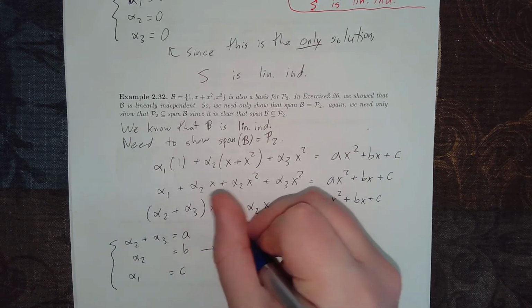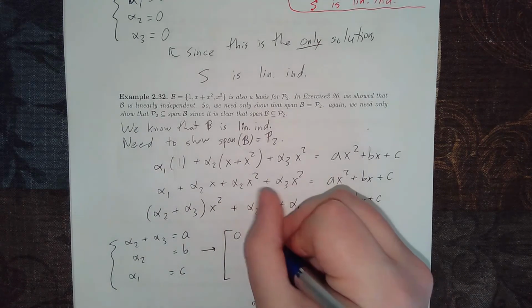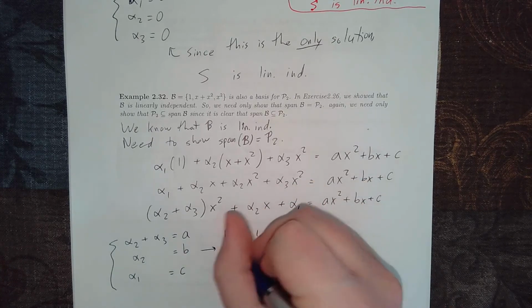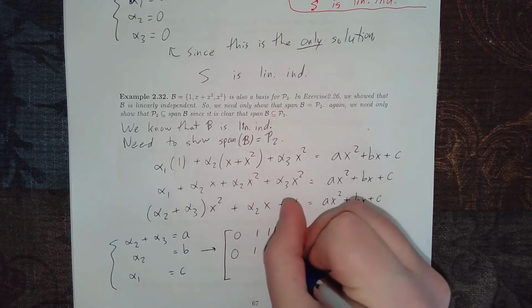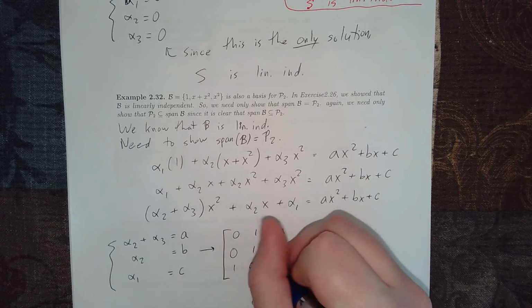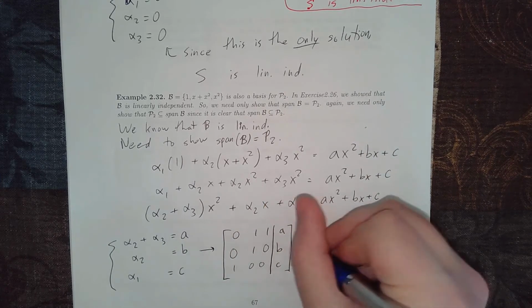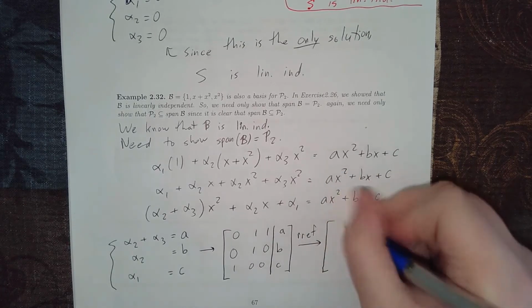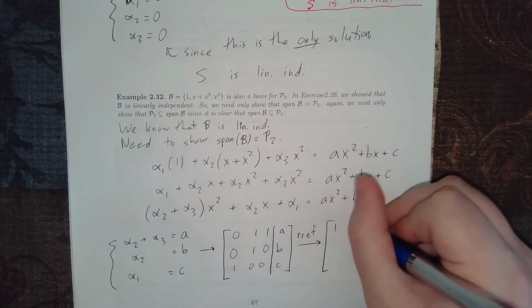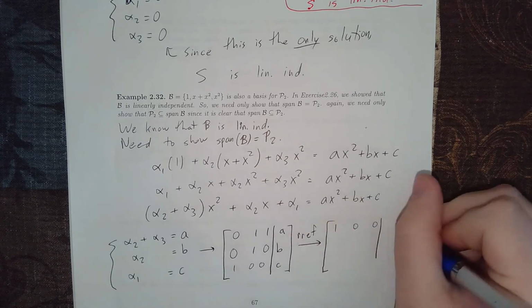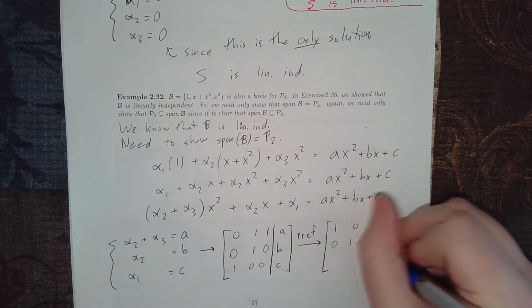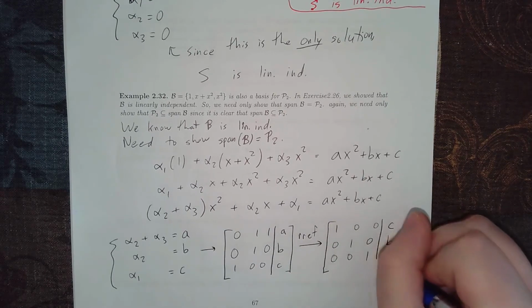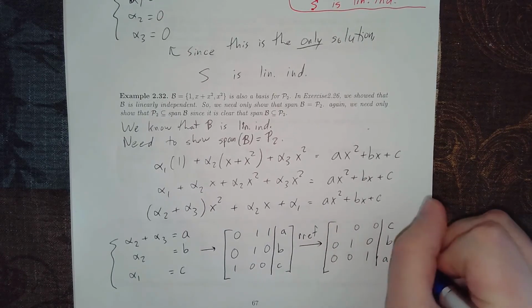And so this gives us the matrix 0, 1, 1, a, 0, 1, 0, b, and 1, 0, 0, c. And if we obtain the reduced row echelon form of this, we end up getting 1, 0, 0, c, 0, 1, 0, b, and 0, 0, 1, a minus b.